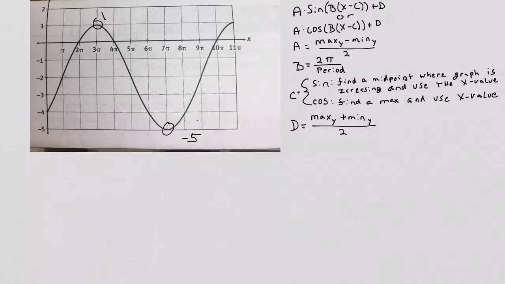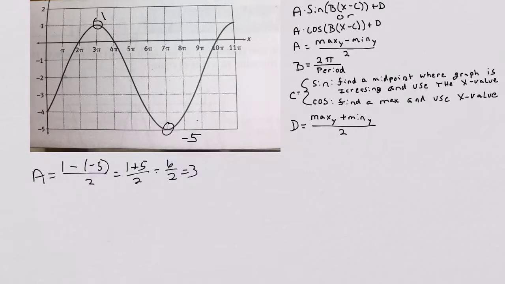So to actually find my a, what I'm going to need to do is I'm simply going to take that 1, my maximum, minus -5, my minimum, and divide it by 2, which is nothing more than 1 plus 5 divided by 2. And that is going to be 6 divided by 2, which is 3. So my a is going to be 3.